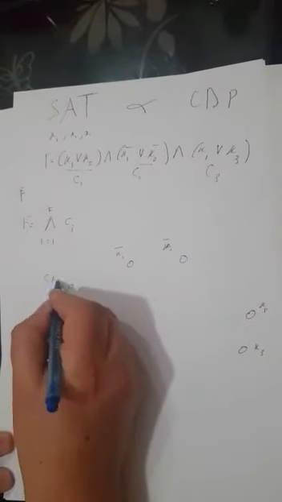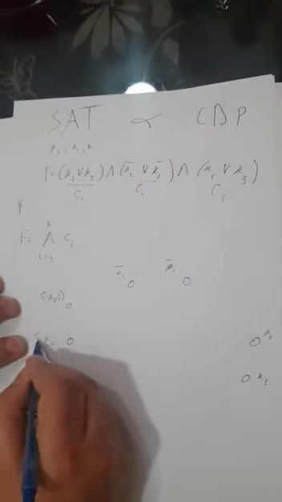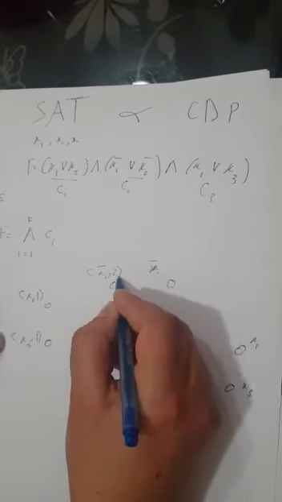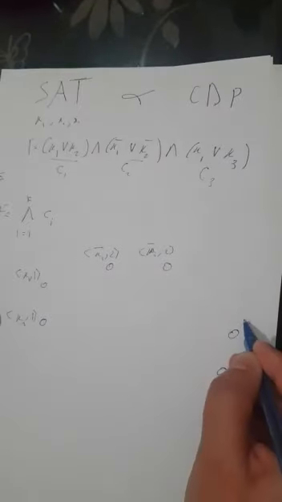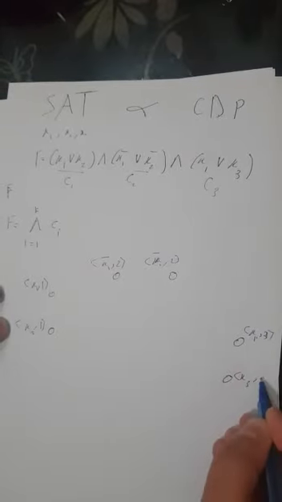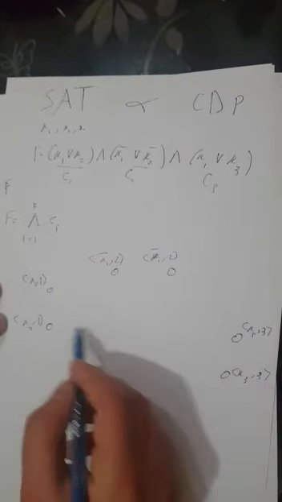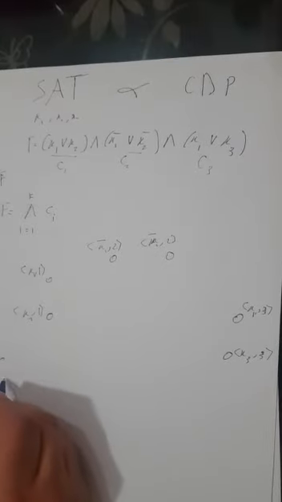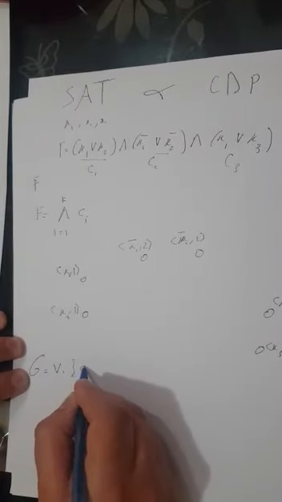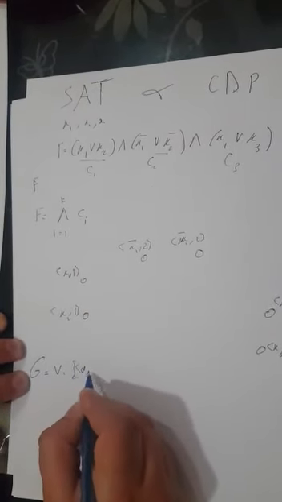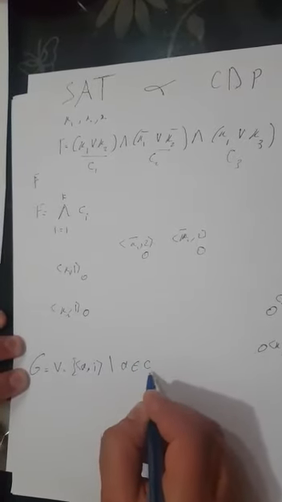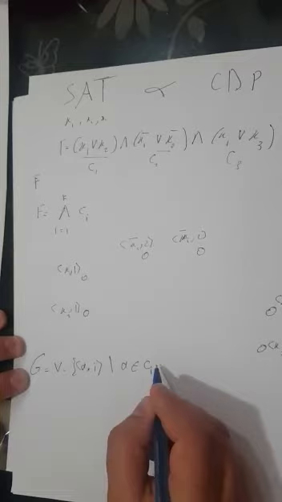So here x1 belongs to clause 1 and x2 belongs to clause 1 also. x1' belongs to clause 2, here clause 2, and here clause 3, and here clause 3. So this is our graph. Our graph which we must prepare is a set of vertices ai, where a belongs to clause i.